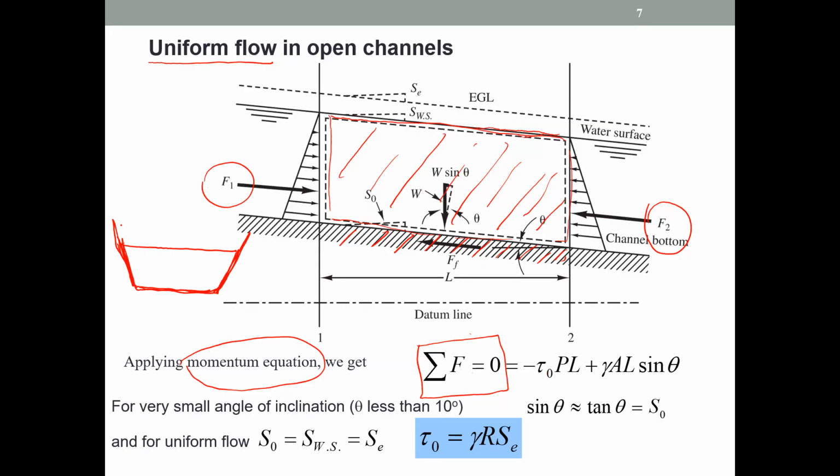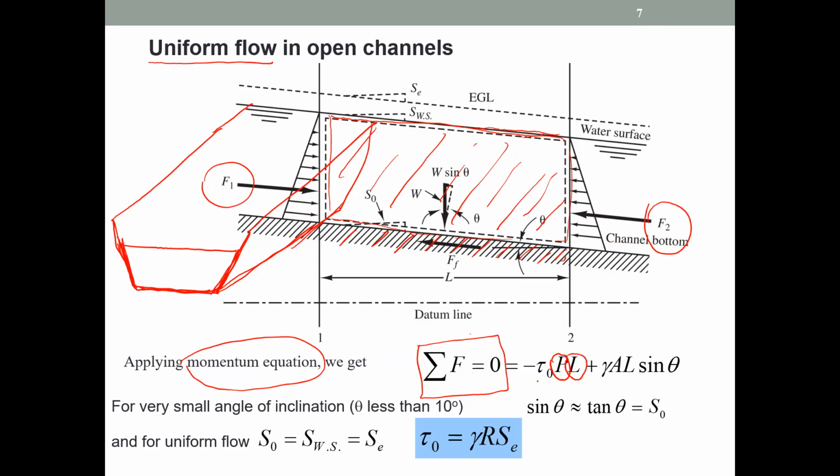So what is this area now? Let me draw this channel like this. This is the longitudinal direction, right? In that case, the wetted perimeter multiplied by the length will be the shear area. So that is why we write P, the wetted perimeter, multiplied by the length. Length is the length of the channel.